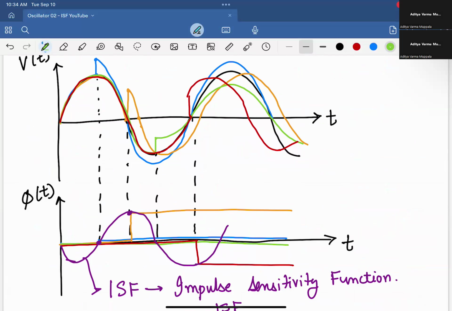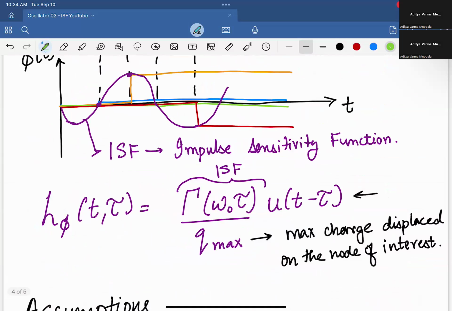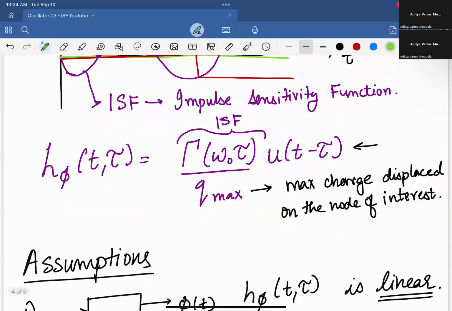Big assumption, but turns out it's not too bad. It's pretty good. Leads to quite a bit of design intuition, which we'll see as we move forward in this lecture series, right? So essentially, we characterize it with this impulse response, the impulse sensitivity function, which defines the size of the step that is generated for different impulses at different times of the period, right? So that's what the impulse sensitivity function is.